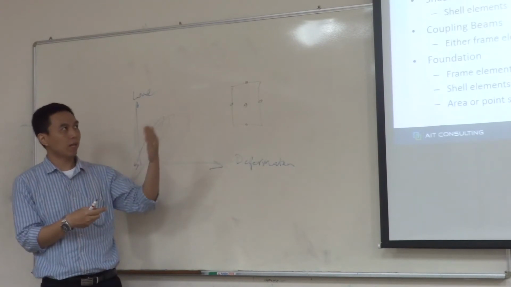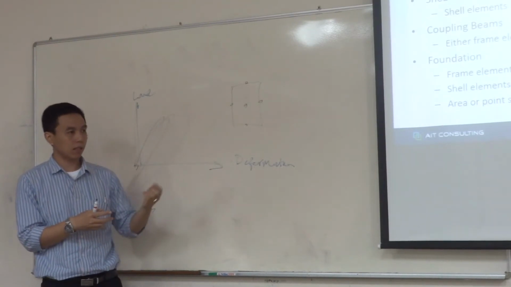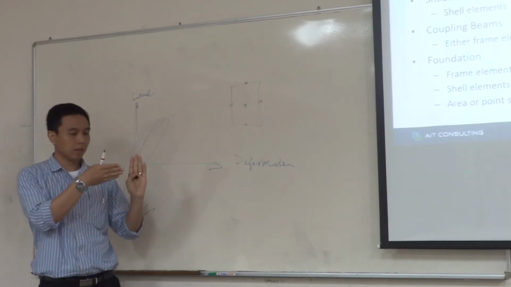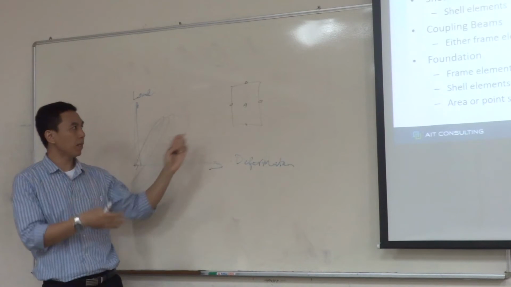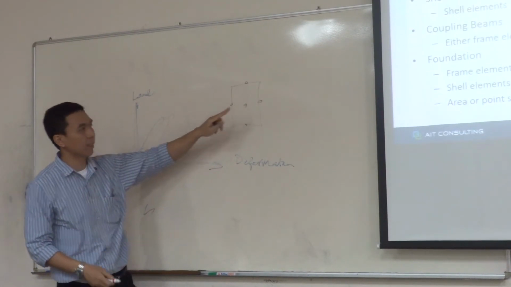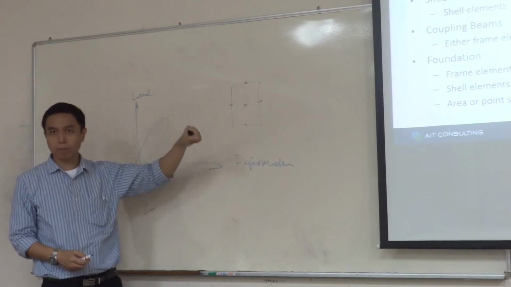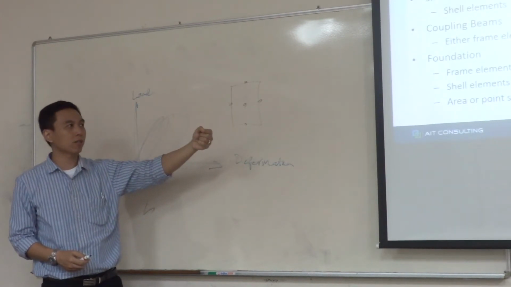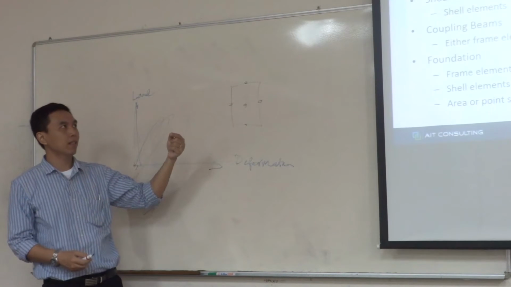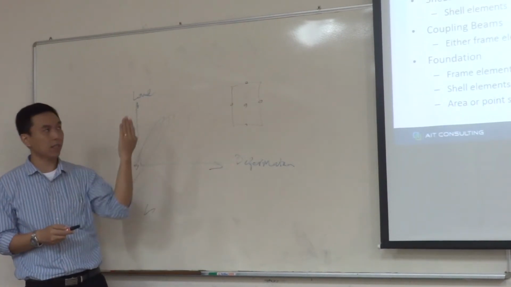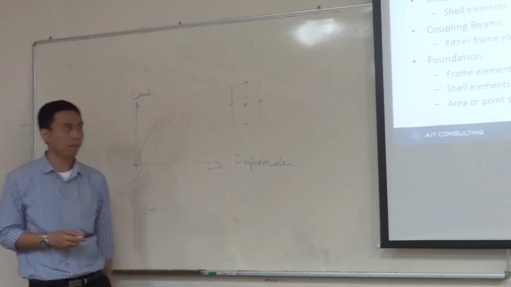Normally the program uses centerline modeling, so the connection point will be at the middle of the joint. If we do not want to use that location, we can give a command to the program to shift that joint to the edge of the column.